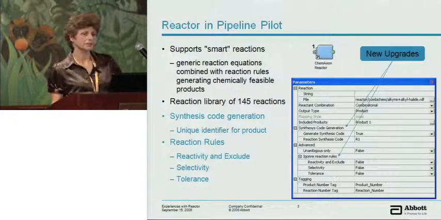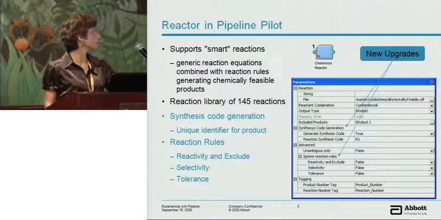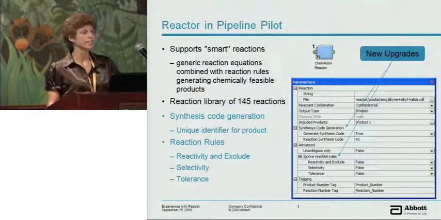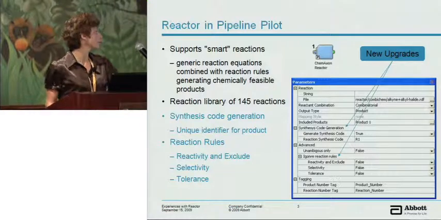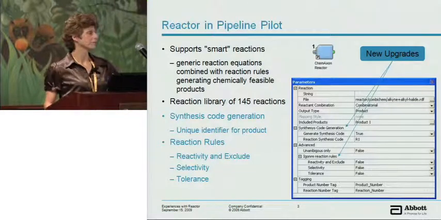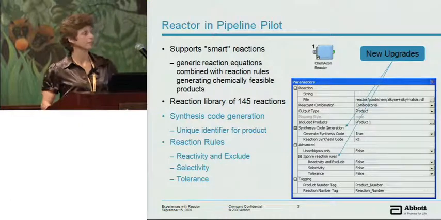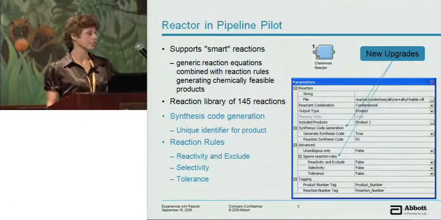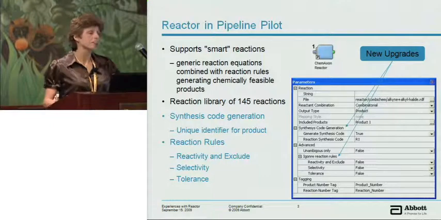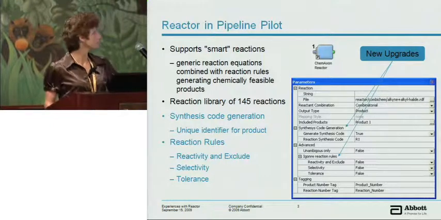So Reactor, as you've heard, supports smart reactions, which is a generic equation that's combined with reaction rules to generate a synthetically feasible product. It was nice in that it comes with a preset library of 145 reactions, which, for me, served as a starting point for making compounds.